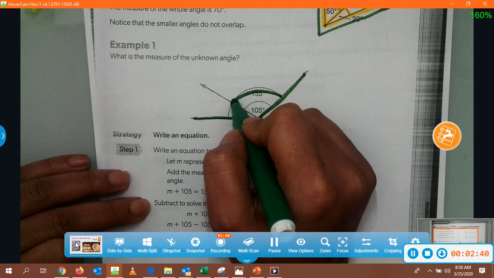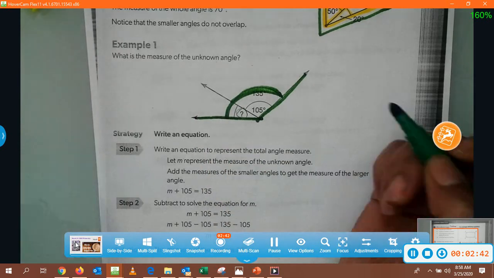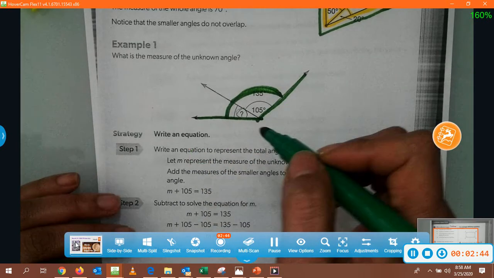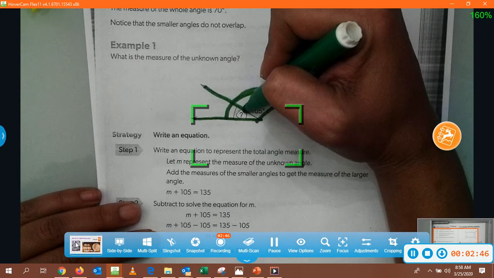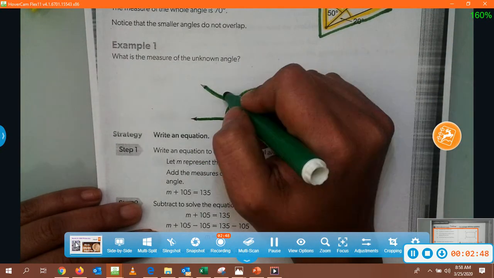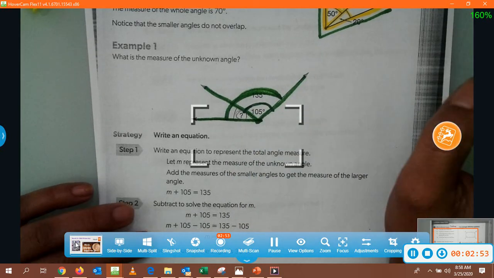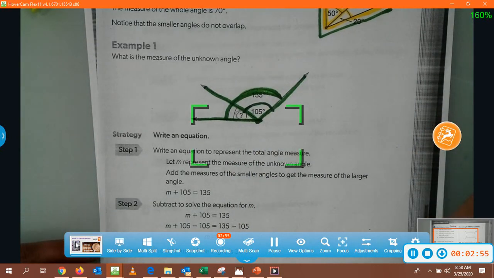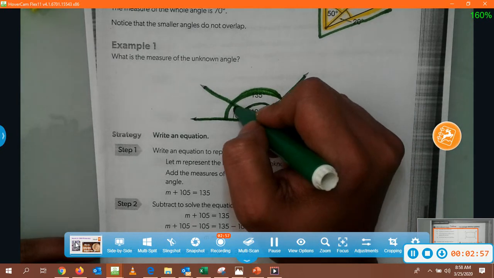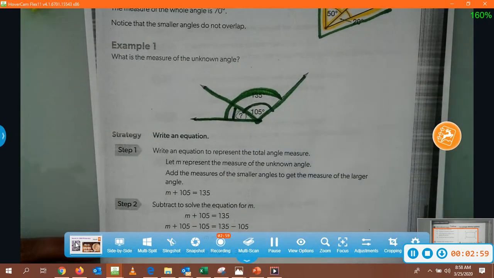This entire thing is 135. But this angle from here to here only measures 105. So the best way to find what this angle measures is to subtract.